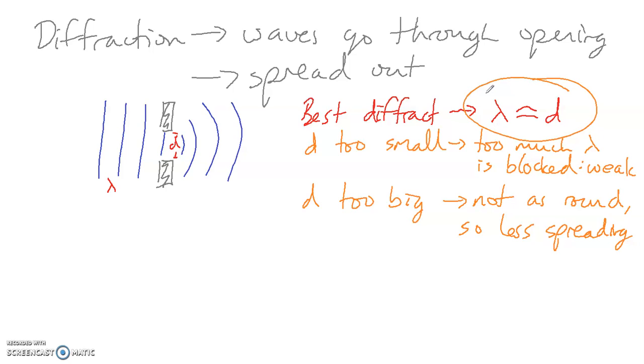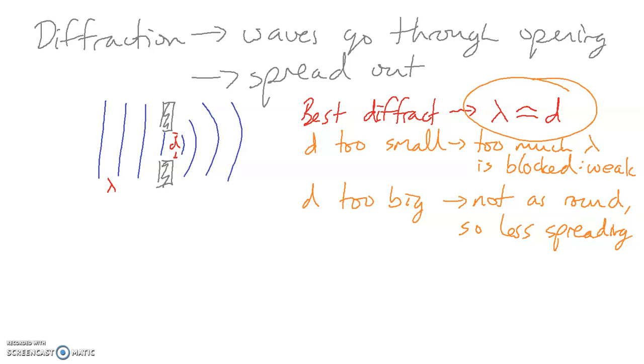And if you have a really small opening and a big wavelength, it's really round, but so much of it gets blocked. And this is basic diffraction. This is why if you have music playing in a room that's part of a much bigger building, you'll hear the lower tones outside the doorway over a much bigger area, because the longer wavelengths spread out more.